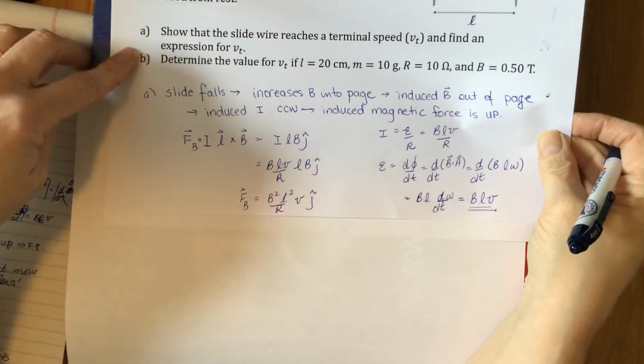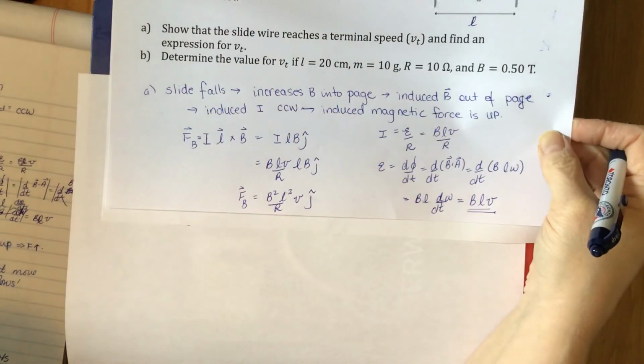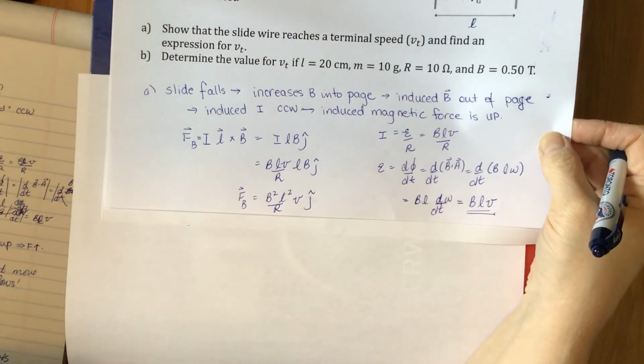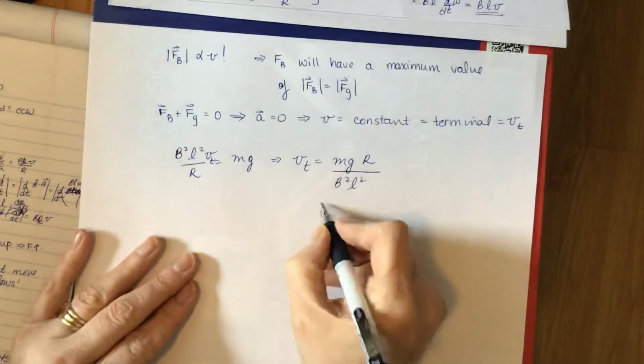Next it says find your terminal velocity if the length of the wire is 20 centimeters, the mass is 10 grams, the resistance is 10 ohms, and the magnetic field is a half a Tesla.